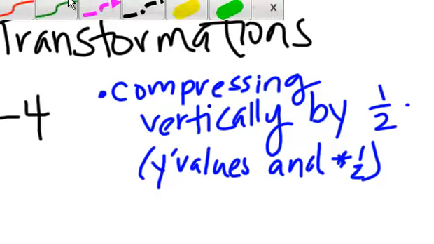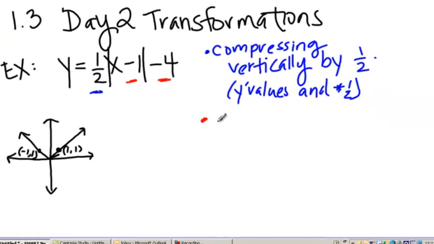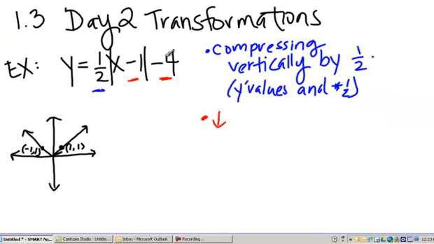The second part of the transformations are the shifts. So we're going to go down 4 because it is on the outside of the argument. Anything on the inside that's messing with your horizontal values, and anything on the outside is messing with your vertical values.